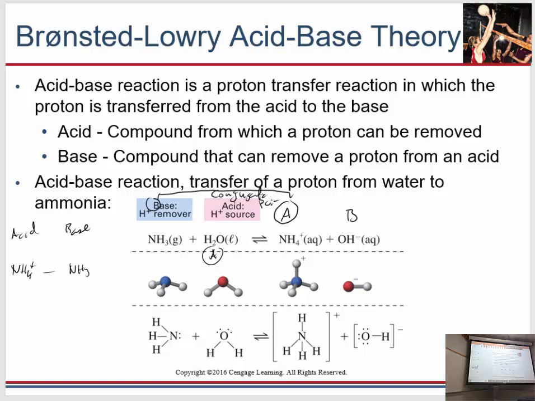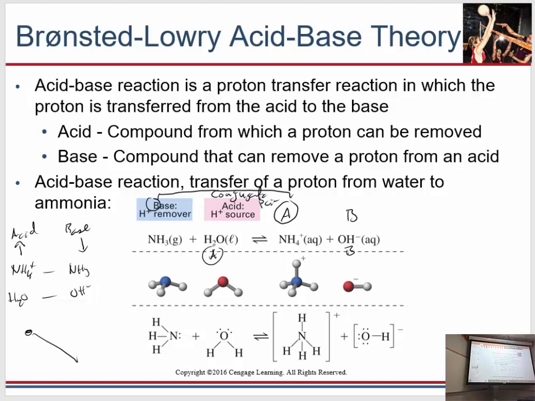Water is the acid on this side, and hydroxide is the base on this side. And so water would form the other conjugate pair here. This is what we see in the acid-base chart, and this is why we see the inverted relationship. That is, as the acid strength increases this way, the base strength decreases this way. So it's like this seesaw relationship.